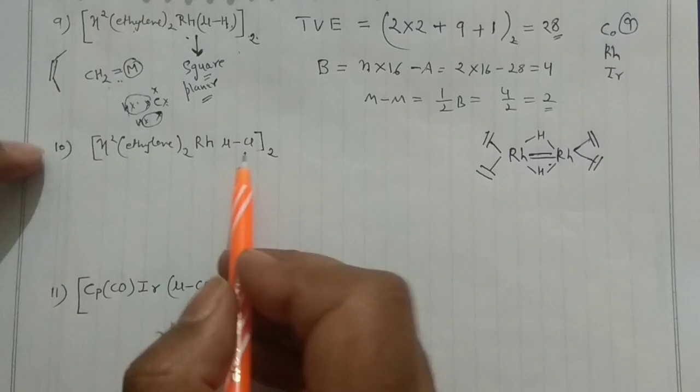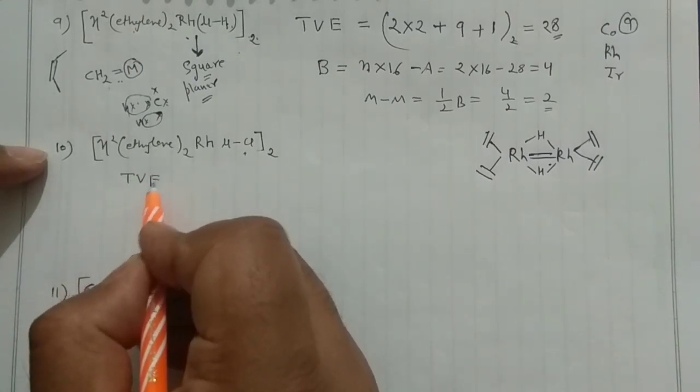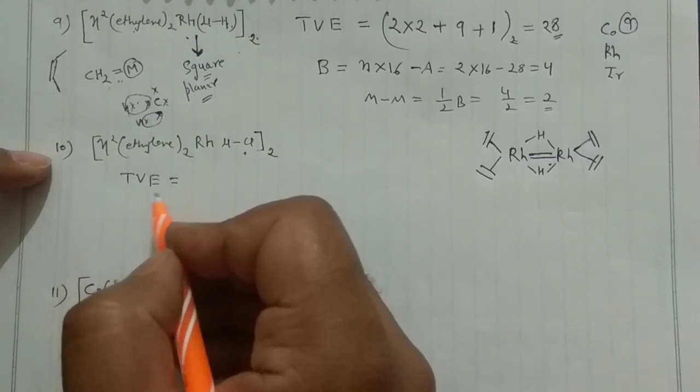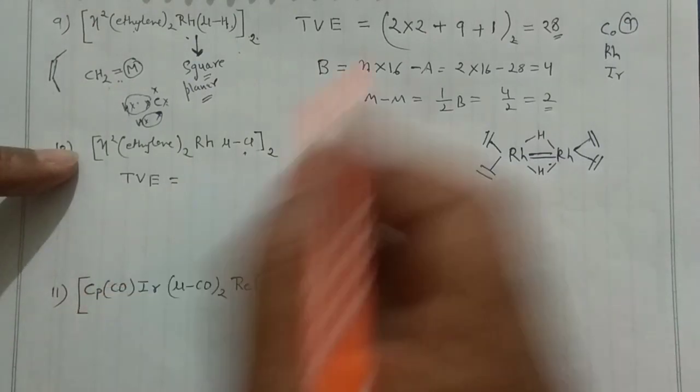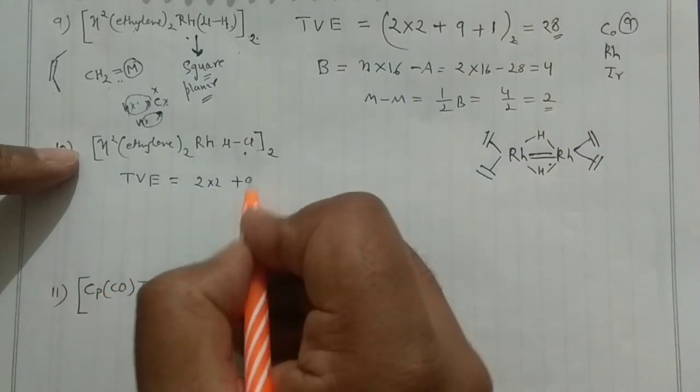Okay guys, so if you want to solve this problem, then you can write TVE, total valence electron, and that would be equal to, again, the same calculation you can do here, right? 2 into 2, okay, plus 9.